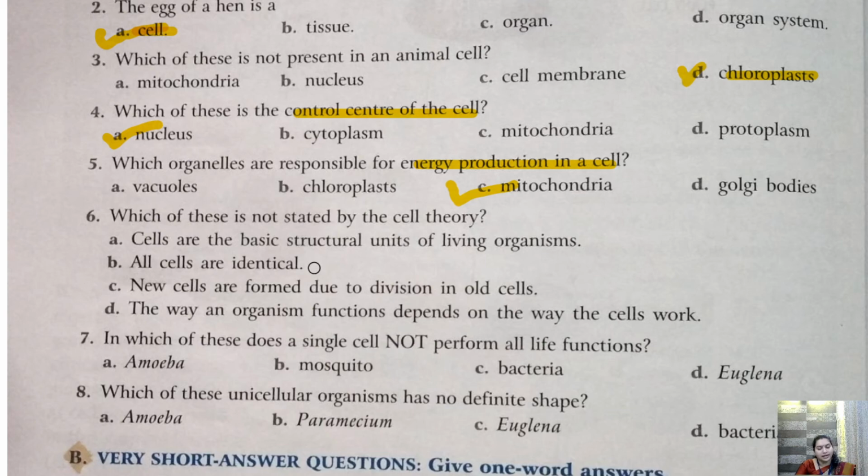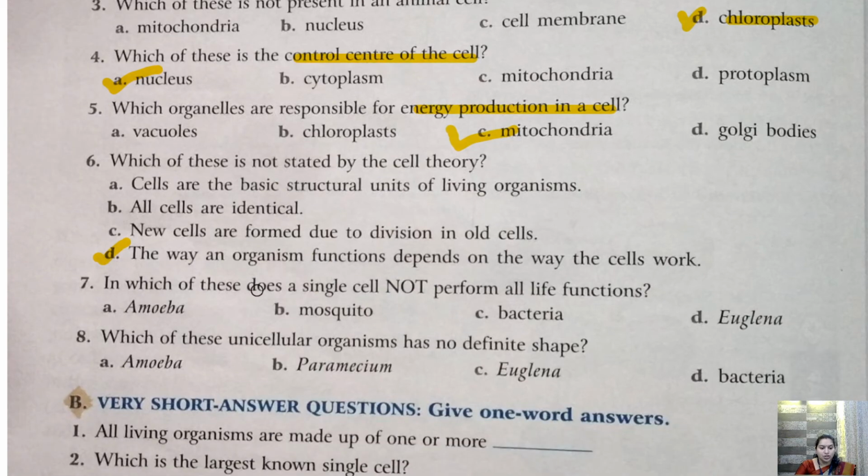All cells are identical. Yes. New cells are formed due to the division in old cell. Yes. All these points were said in the cell theory. But the last one, the way an organism functions depends on the way the cell works. No, this was not said in the cell theory. Okay? So correct answer is D.